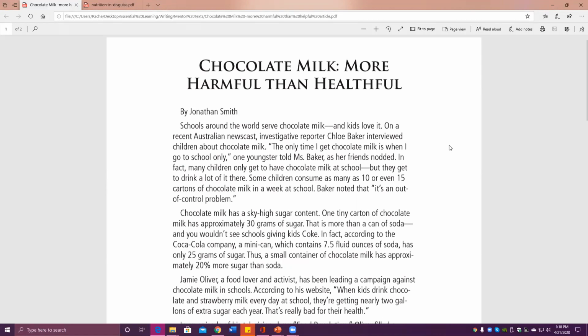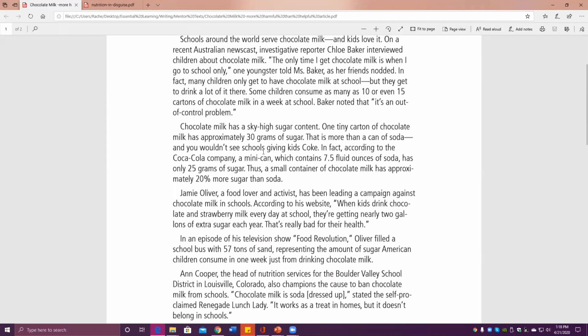In fact, many children only get to have chocolate milk at school, but they get to drink a lot of it there. Some children consume as many as 10 or even 15 cartons of chocolate milk in a week at school. Baker noted that it's an out of control problem. Chocolate milk has a sky-high sugar content.